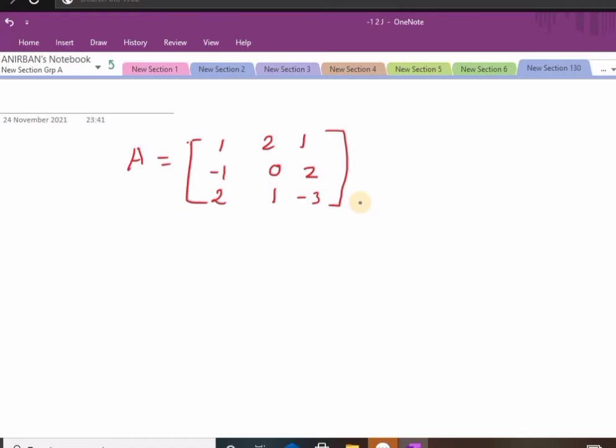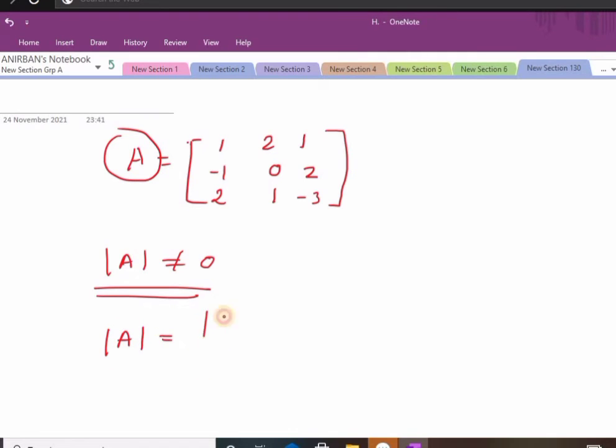Now you have to determine the rank of the matrix. You can directly check whether this matrix has a non-zero determinant. If the determinant of A is not equal to 0, then, since this is a 3 cross 3 matrix, you can say its rank is 3. So at first, find this determinant.